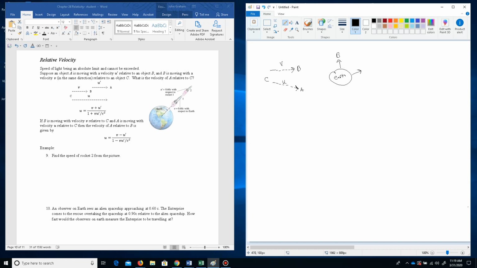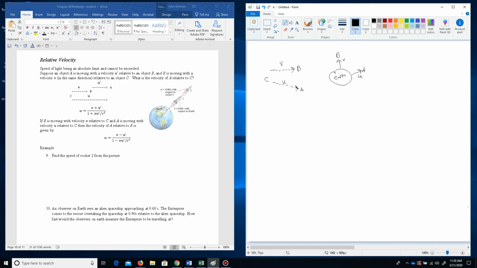This one's B and this one's A. This one has speed v, this one has speed u. And we want to find the speed relative from A to B or B to A.